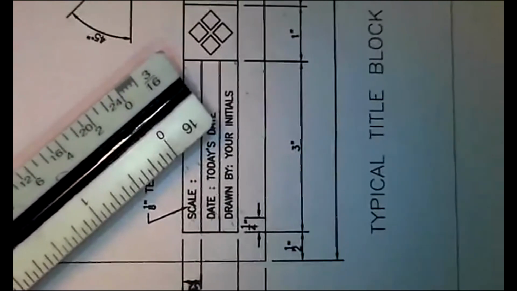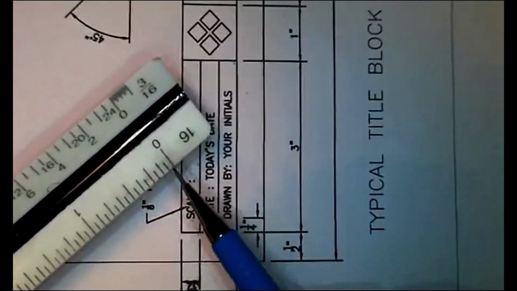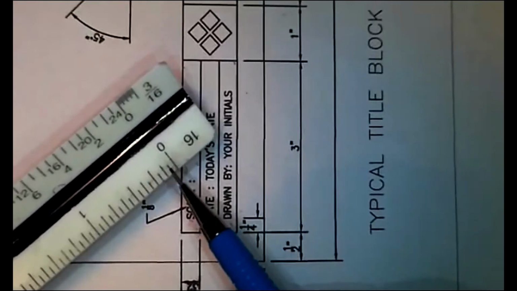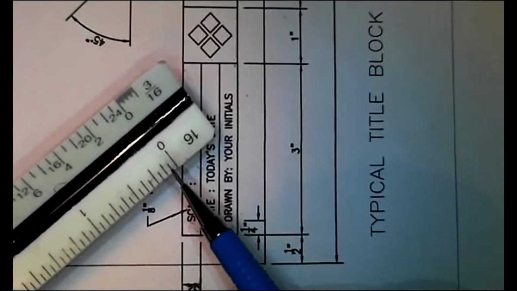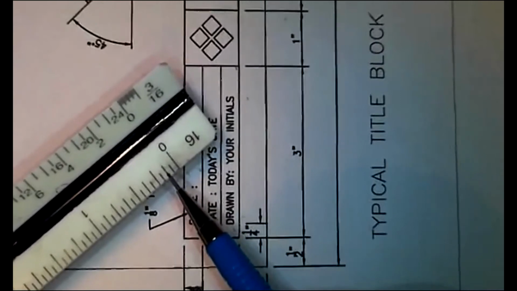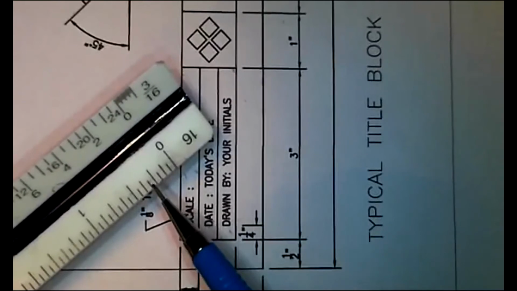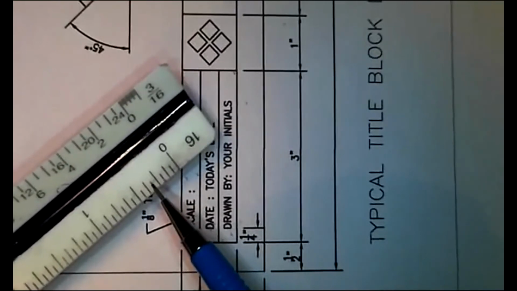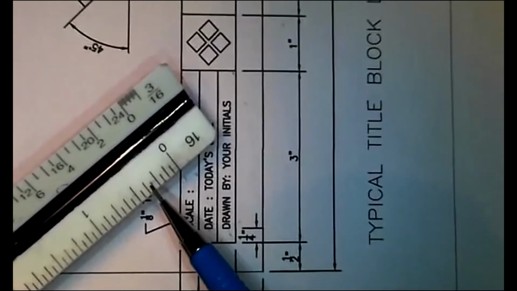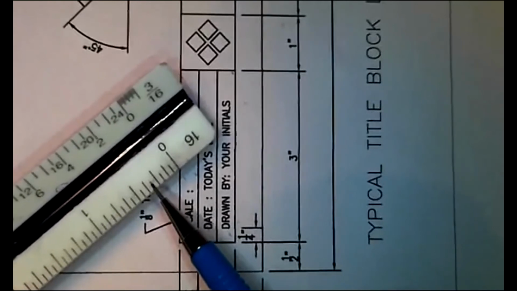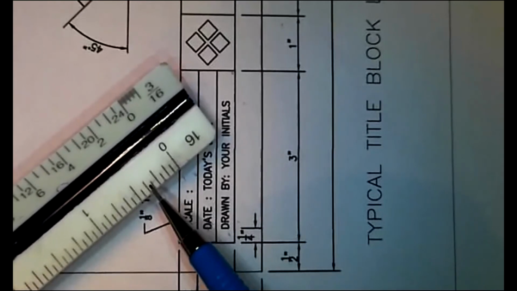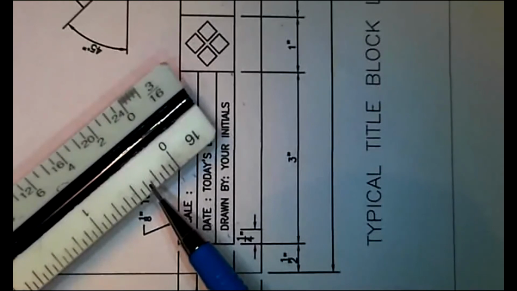So you need 11/32. So here's what you've got to do: 2 32nds, 4 32nds, 6 32nds, 8 32nds, 10 32nds, right? 10, and then halfway between is going to be 11/32.